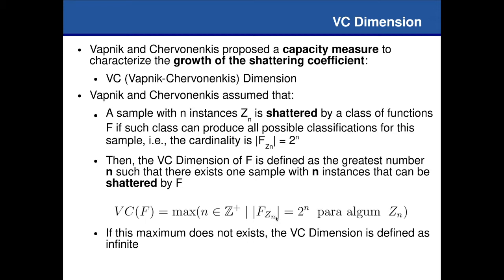And this particular sample, with my algorithm bias, can indeed provide a cardinality. This means the number of functions provided by my classification algorithm is equal to 2 to the power of n.